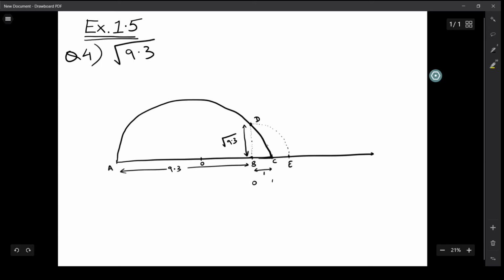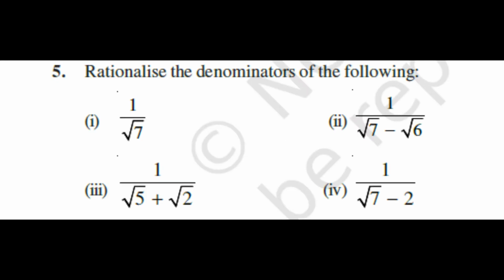Let me call this point E. Now essentially what I have done is I have extrapolated this under root 9.3 on this number line BE. So my BE becomes under root 9.3. And that's how we represent under root 9.3 on a number line.